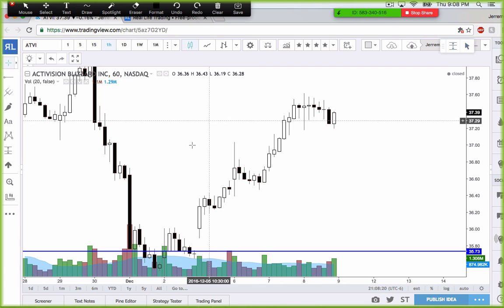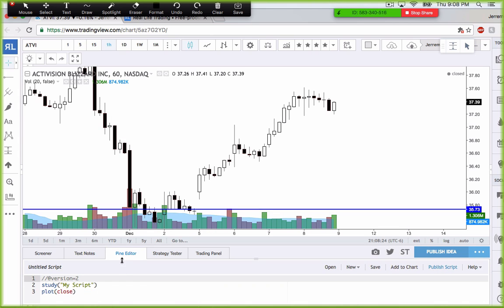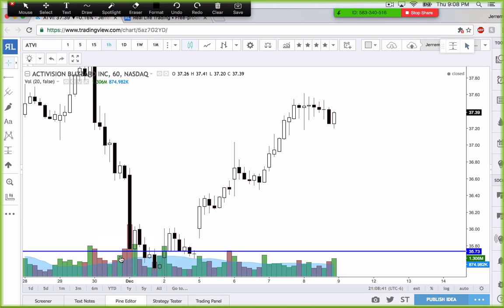TradingView does not have one unless you build one. If you are a programmer and you know how to build programming code, you can go in here into Pine Editor and build your own. You can build whatever you want, man. I have a few traders who have built their own custom indicators, coding, which I don't, by the way. You guys all know that.